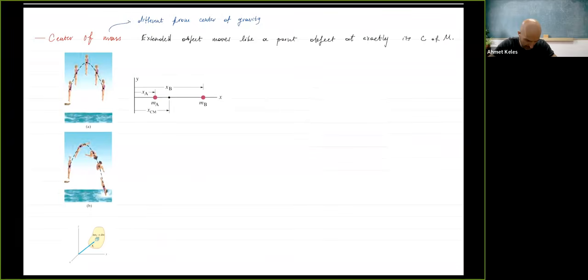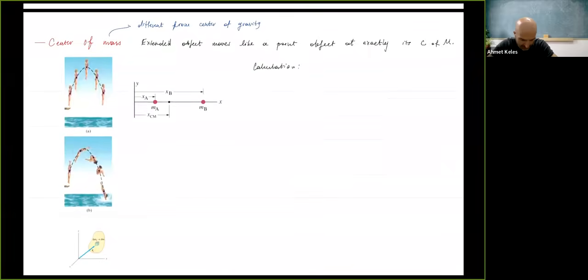And the question is, how do I calculate the center of mass? Now, calculation. Let's simplify, rather than this extended object, and start with two masses, MA and MB. I'd like to ask, what is the center of mass? Center of mass is kind of like putting this thing in a balance.